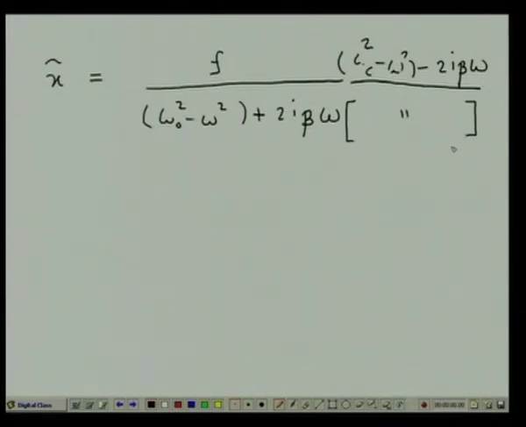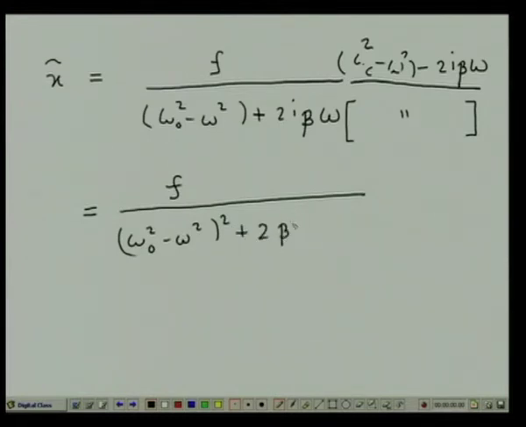If I multiply this and this, what I get is, and in the numerator I have omega naught square minus omega square minus 2 i beta omega.